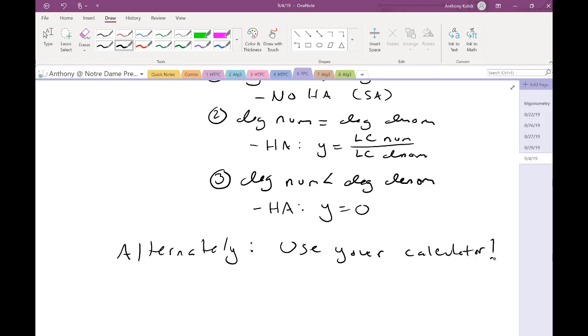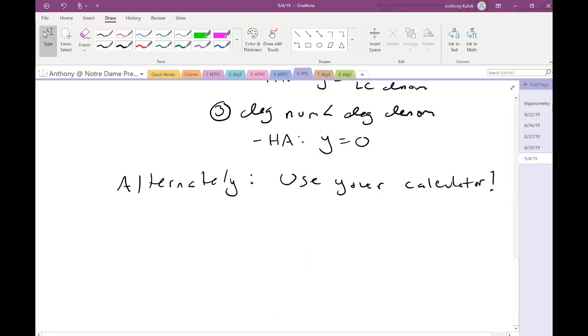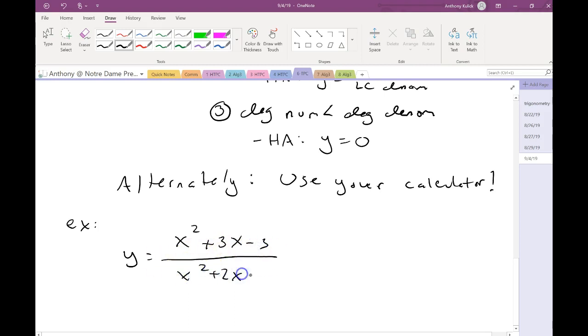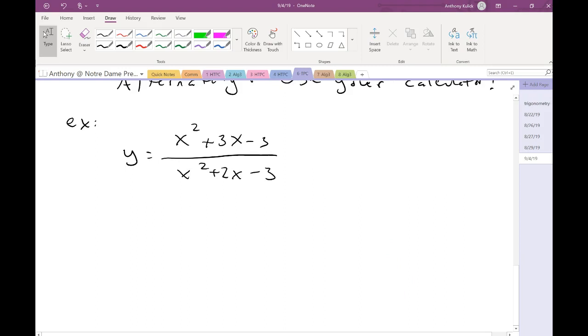So let's look at an example to just kind of illustrate what I mean by that. We'll do this both ways. We'll do this first using our rules that I just discussed.